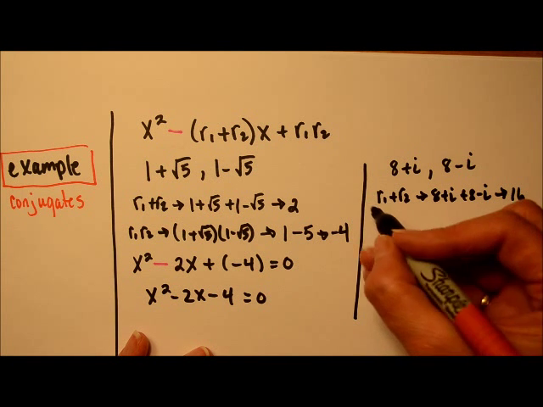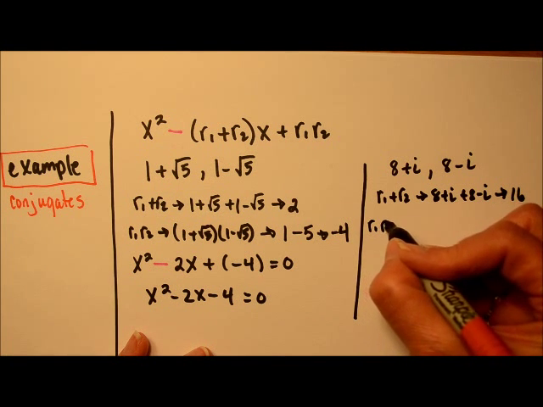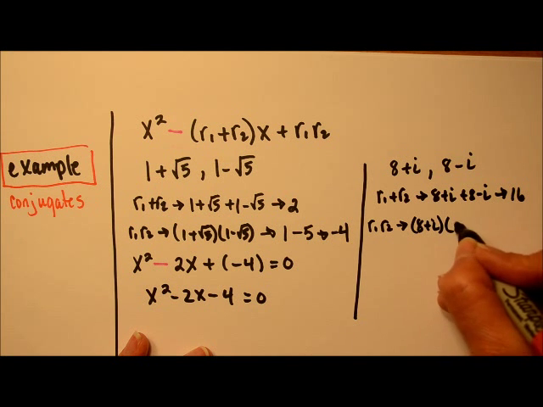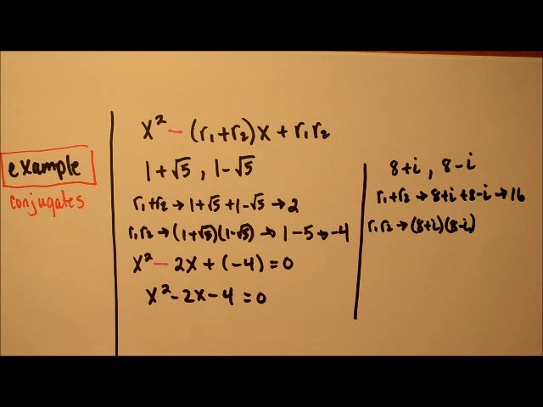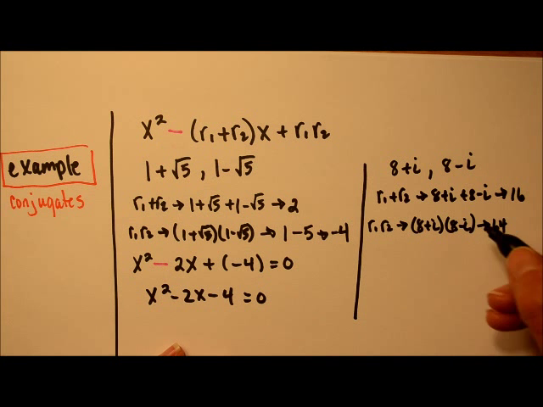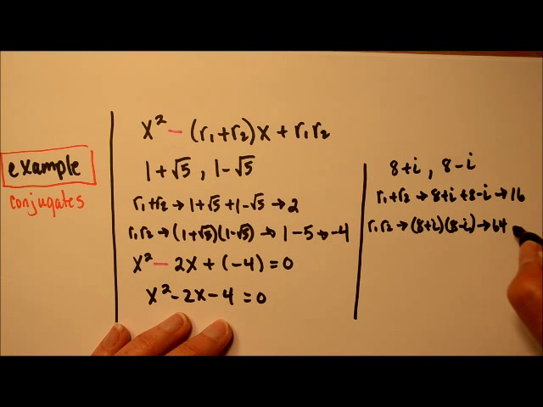Because those i's are going to cancel. And then I have R1 times R2, which is 8 plus i times 8 minus i. They're conjugates, so 8 times 8 is 64. Positive i times a negative i is negative i squared, but i squared is negative 1. So really, it's plus 1, or 65.